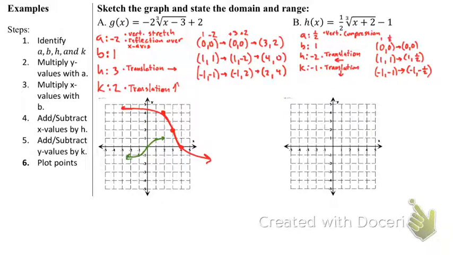All right, now let's do our H and K. So our H adds or subtracts to our X values. So we're going to subtract 2 here, or add a negative 2, however you want to look at that. And then our K is going to add or subtract with our Y values. So negative 1 here. So if we do the math correctly, we should get our final points.